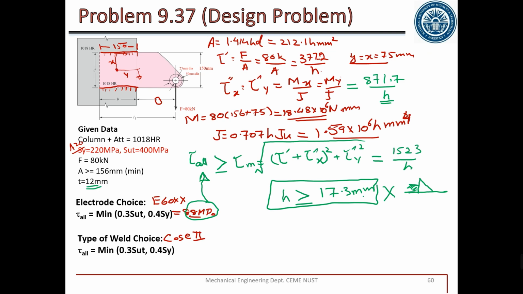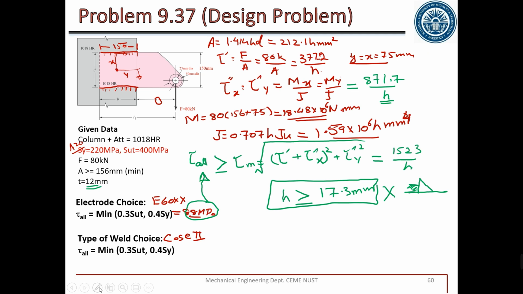We have to change something. What we have to change? We are required to change the type of weld, because compared to this weld, the case number 5 type weld has, for the same area, double the length. So its strength is almost double. So we can use that weld.